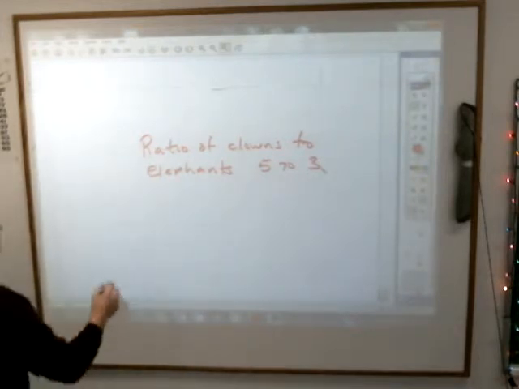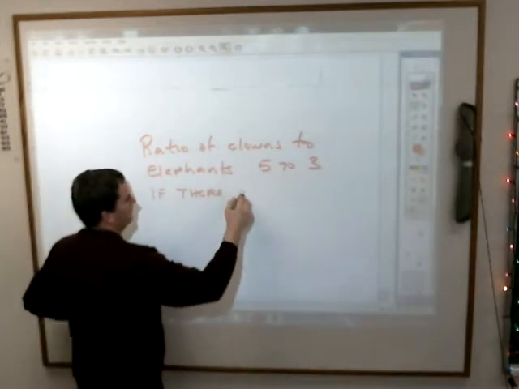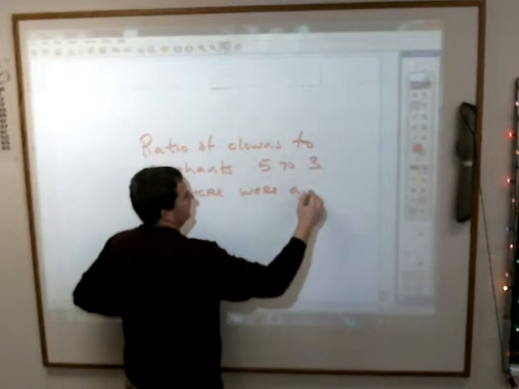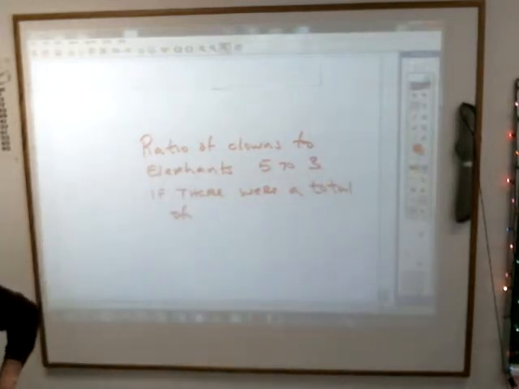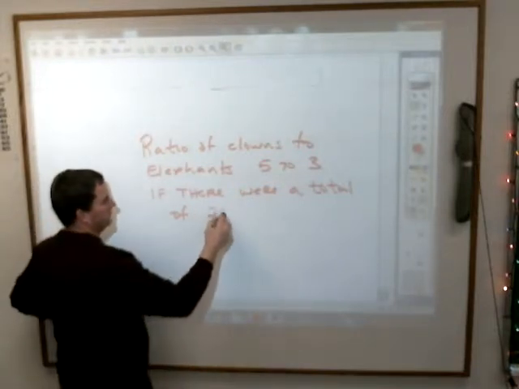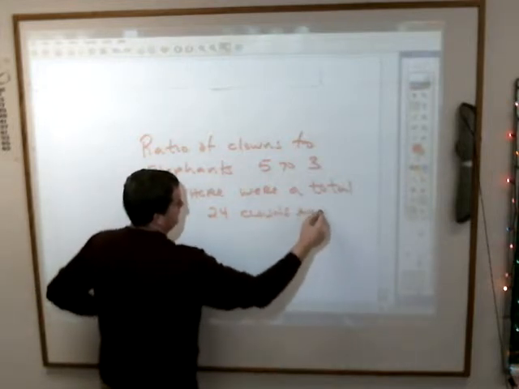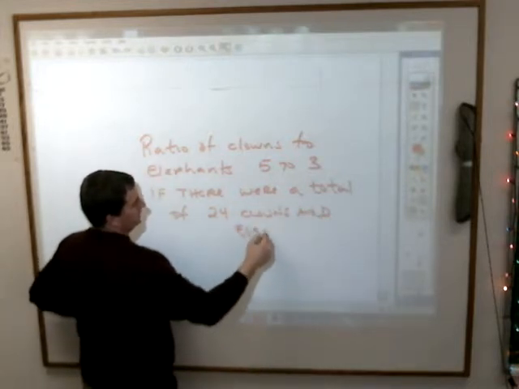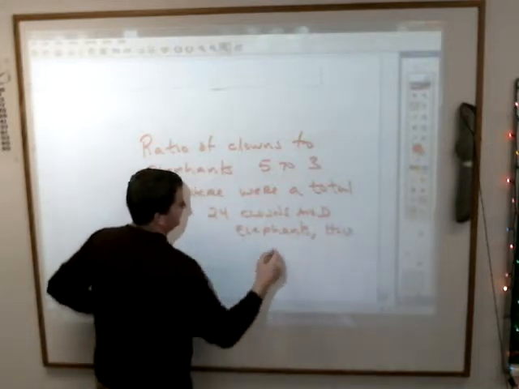If there were a total of 24 clowns and elephants, how many elephants were there?